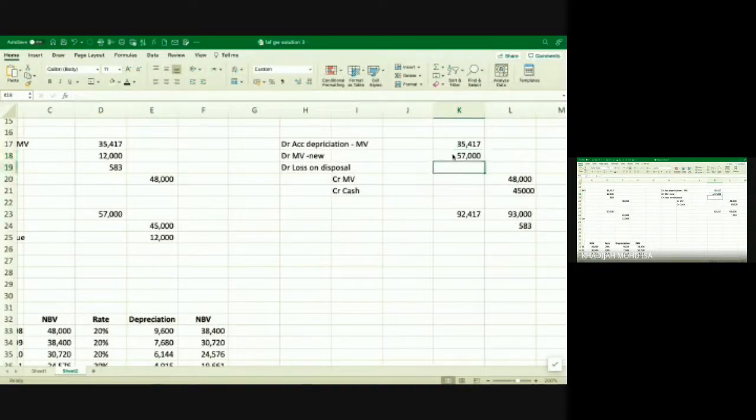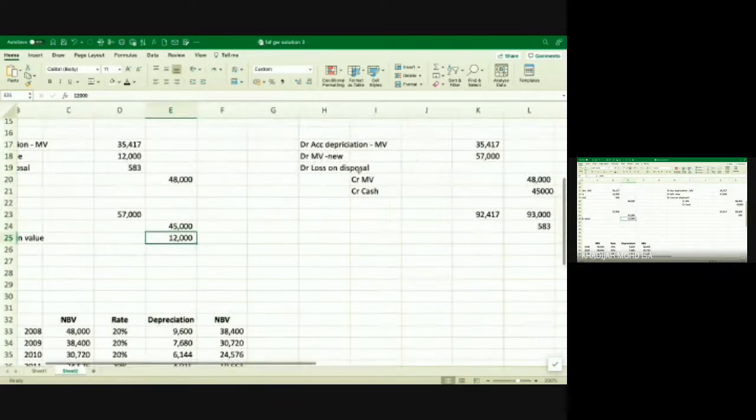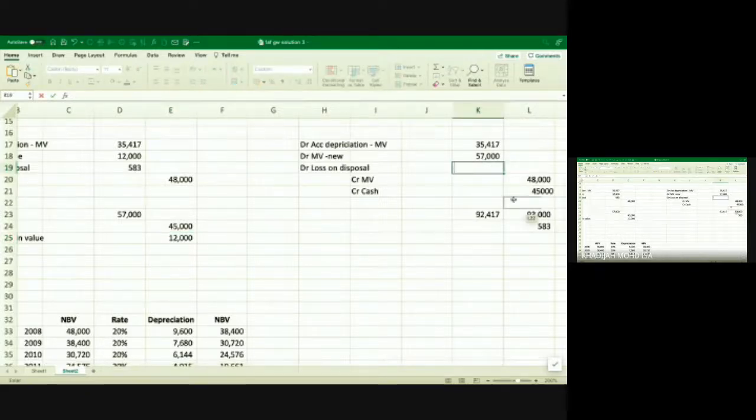So see, you get a loss on disposal of 583 also because the trade-in value is set off. This one is debit 12,000, this one is credit 12,000. So you still get 583, which is the loss on the disposal. You get that?